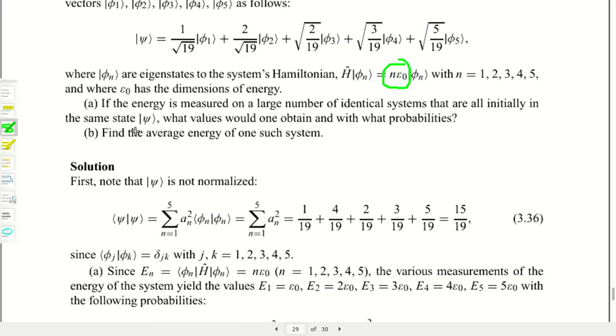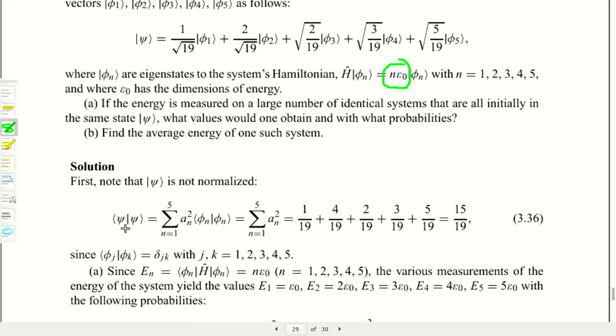If it is not normalized we should use the probability formula, equation number 4. If it is normalized, then you should use formula number 5. So you have to be careful in the first step of the calculation whether the total wave function is normalized or not.